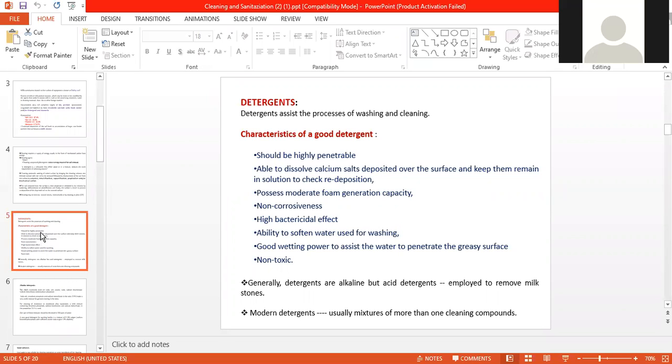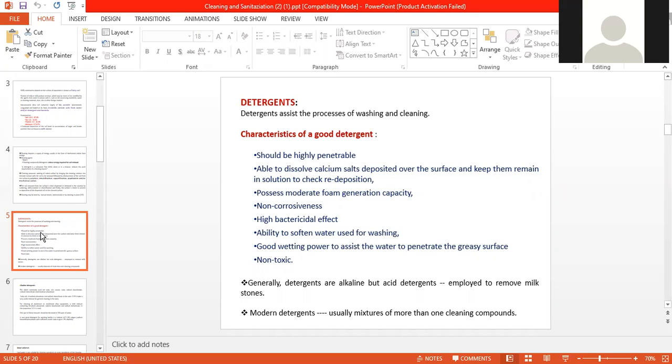It must be able to dissolve calcium salt deposited on the surface and keep it in solution to prevent redeposition of the particles.